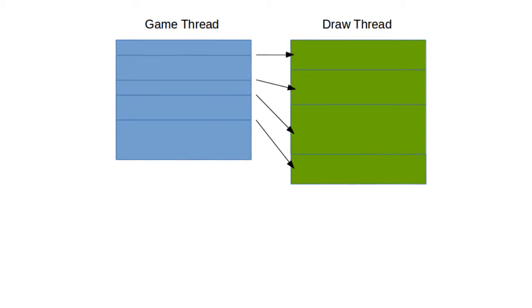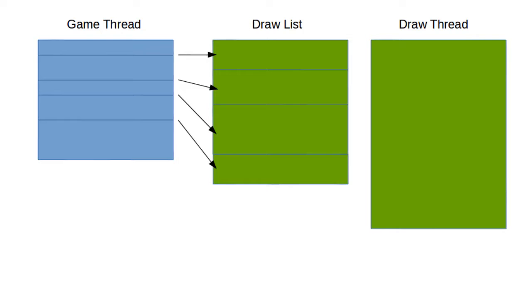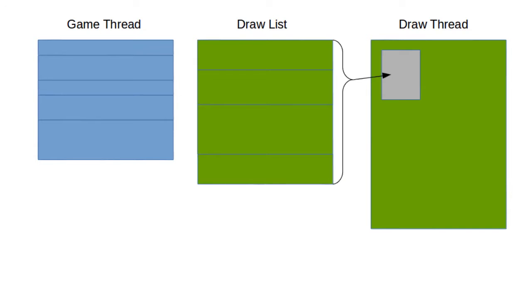The solution I chose here is to move the drawing into its own thread. Now, instead of the game thread drawing the blocks, it puts draw requests into a list. And when a frame is done, the list is passed to the render thread for the actual drawing. The render thread will only draw the most recent list that it has received.